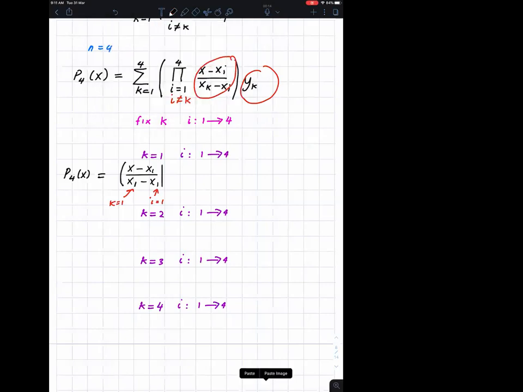Then you multiply by the next term. This time, remember that you're going to fix k. k is still 1, but i is going to be 2.